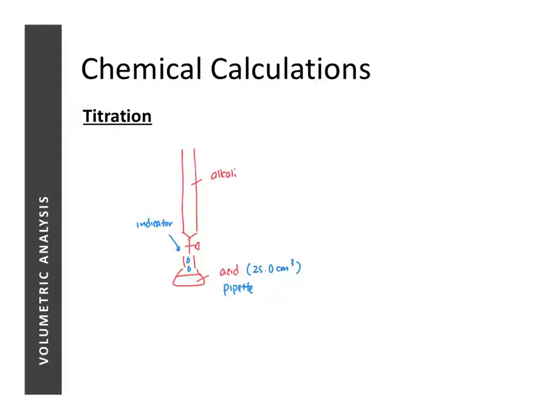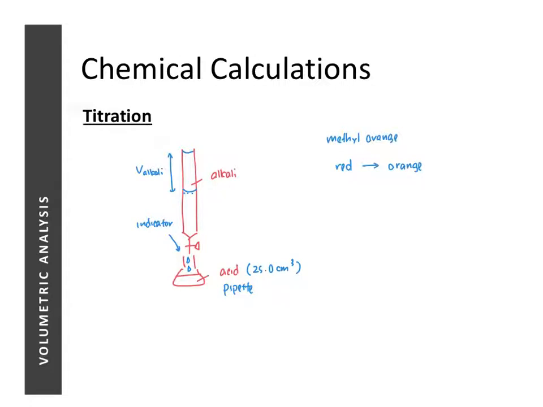In a titration, we usually measure the volume of your alkali needed. The one that we have done in the lab, if you can recall, we used methyl orange as the indicator. If the acid is in your conical flask, the original color is red, and then at the end point it will become orange. If you have added way too much alkali, it will turn into yellow.